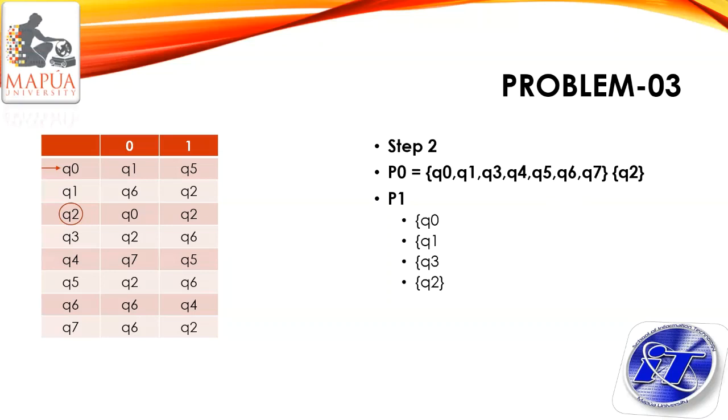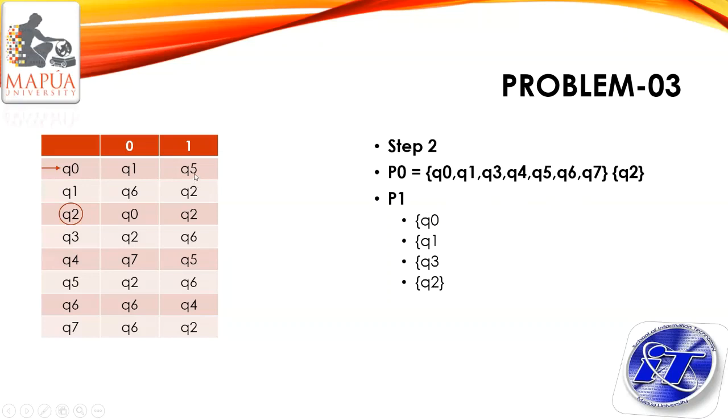So for Q0 and Q1, let's check within this group. Q1 goes to Q6 when it encounters 0, within the group.